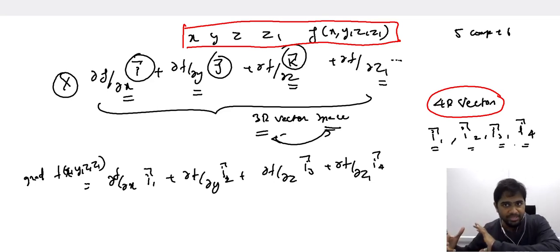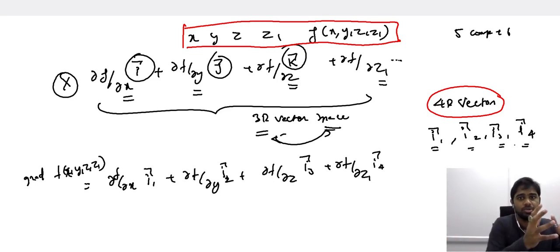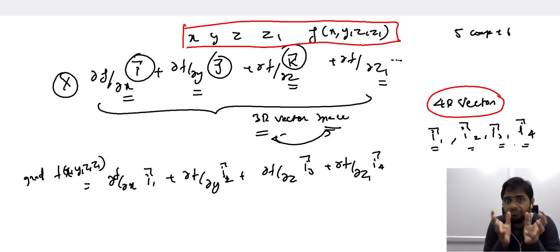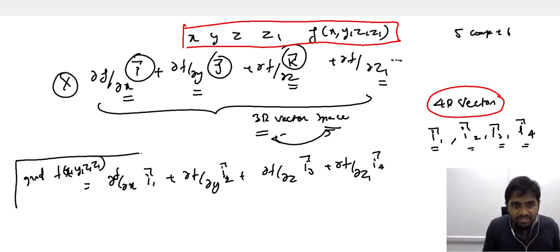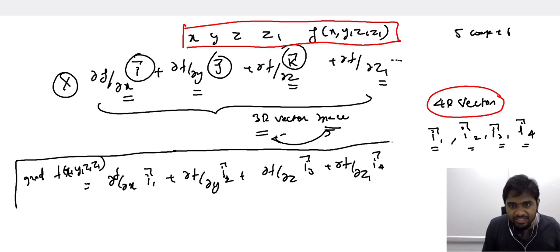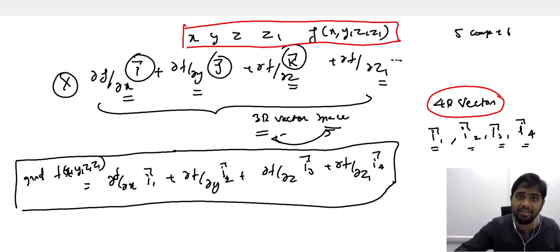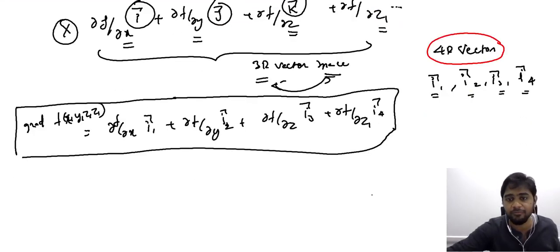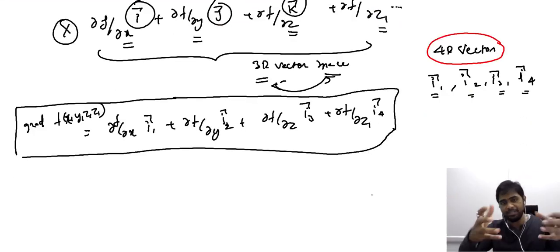So whatever operation we have carried out in the 3-dimensional space can be extended to the multi-dimensional vector space. Here we have considered a 4-dimensional vector space and expressed the gradient in it, and whatever properties we have studied for the 3-dimensional space are applicable here.